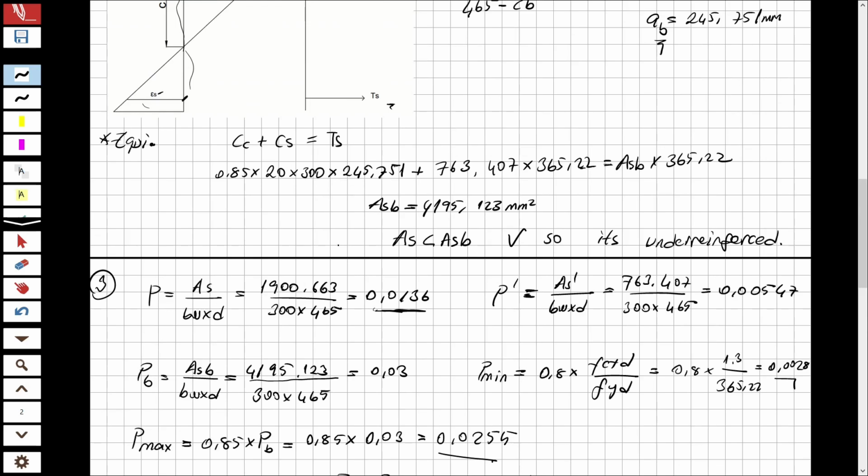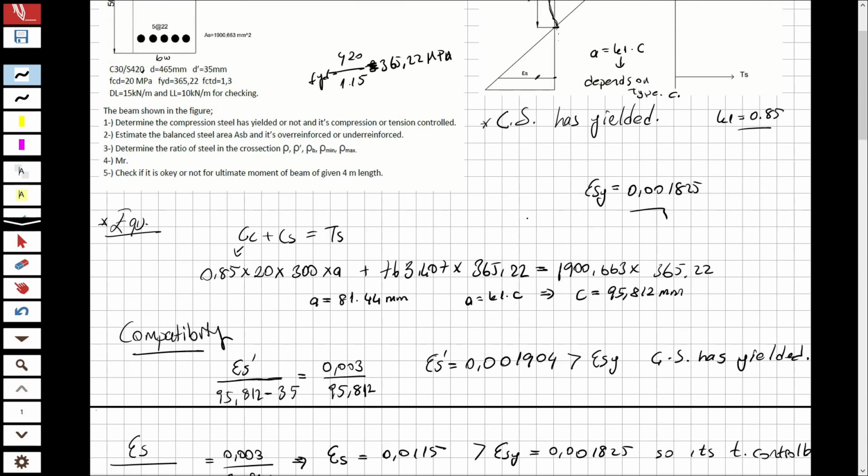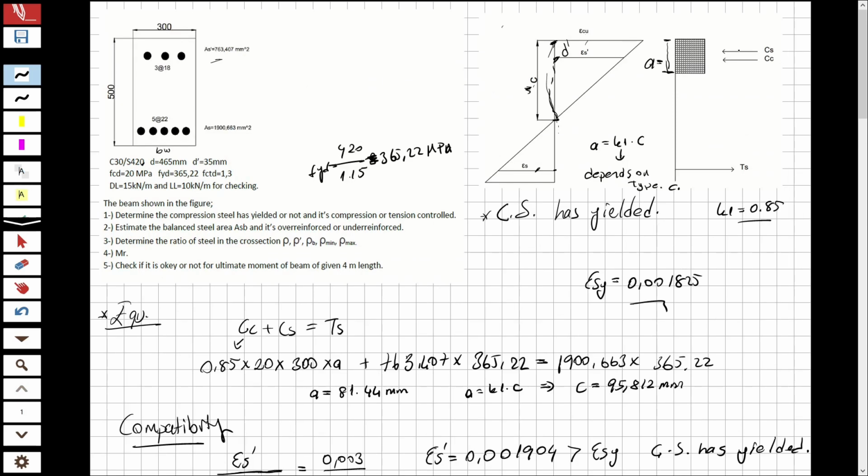I am going to write like that. I'm going to take these two forces with respect to that point.